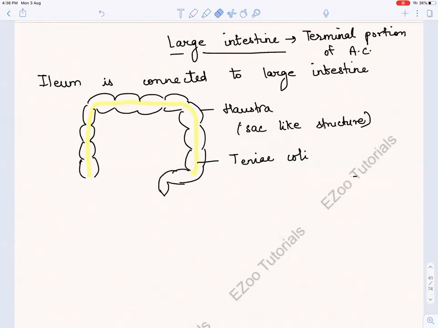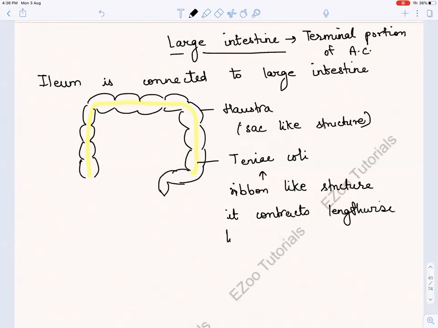So that is what the tinea coli is helping to do. It contracts lengthwise. Many kids get confused about what this structure is. It is a ribbon-like structure, and it contracts lengthwise to produce haustra. Now you get it? Okay.